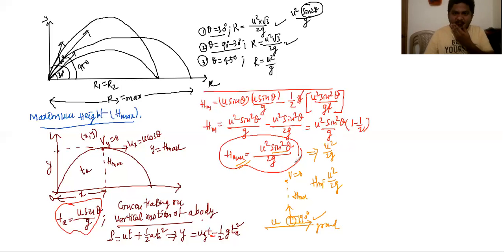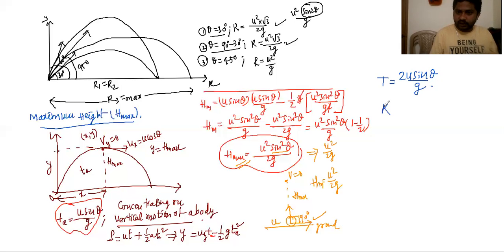Okay, clear? So finally, let me write the expressions for time of flight, maximum height, and range of a projectile. That will be the conclusion of this particular session. First, time of flight is 2u sine theta divided by g, right?